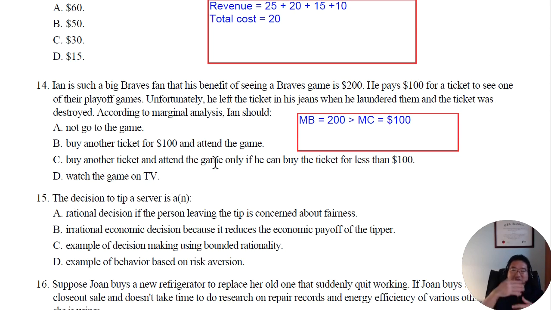Again, whether the initial decision is a rational one, and as long as he has the $100, we assume Ian does have that amount of money, kind of unlimited savings around to purchase additional or new tickets. We assume that is the situation in this kind of question, and we don't think he should watch the game on TV.